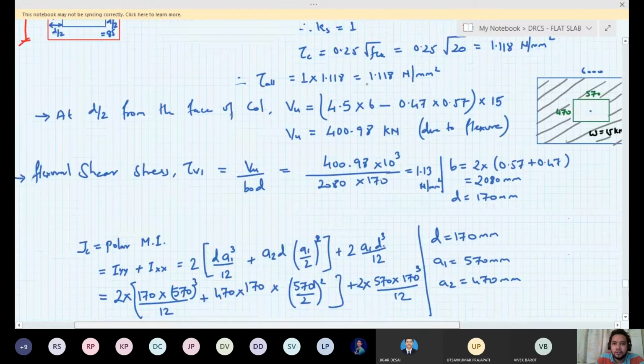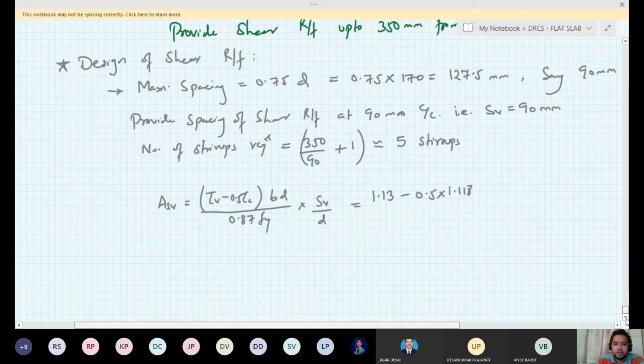Or we can say 0.5 tau allowable. Instead of writing tau c, let us write 0.5 tau allowable. Means whatever the extra shear beyond the permissible 50% of the permissible shear stress, for that only we have to provide the shear reinforcement. So this is to be multiplied by your width.